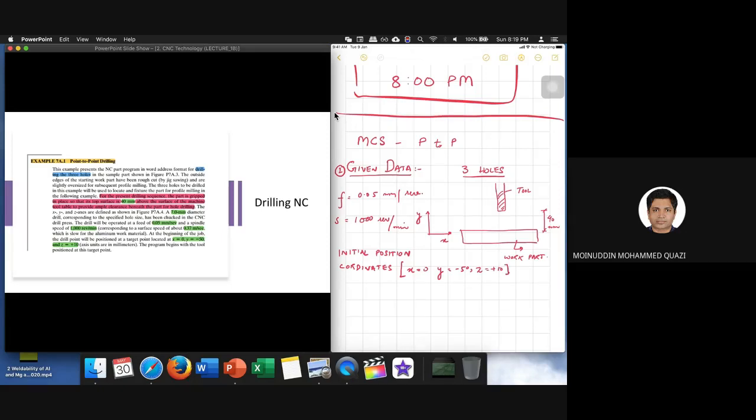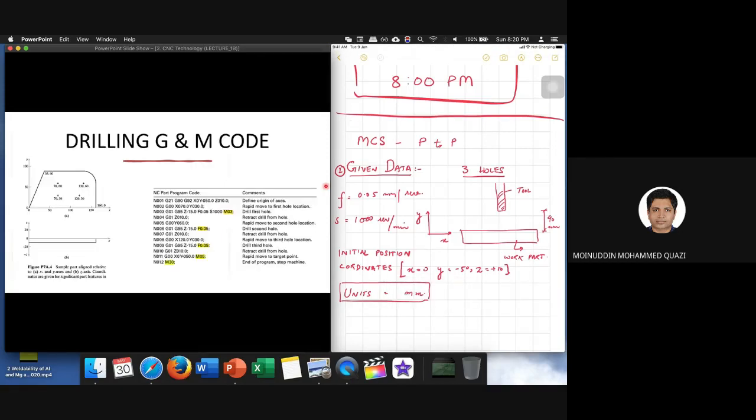The units specification is millimeters. The program begins with the tool position at the target point. So we need to start the program so that the tool has been positioned at the coordinates which are given. So let us start writing the NC program.